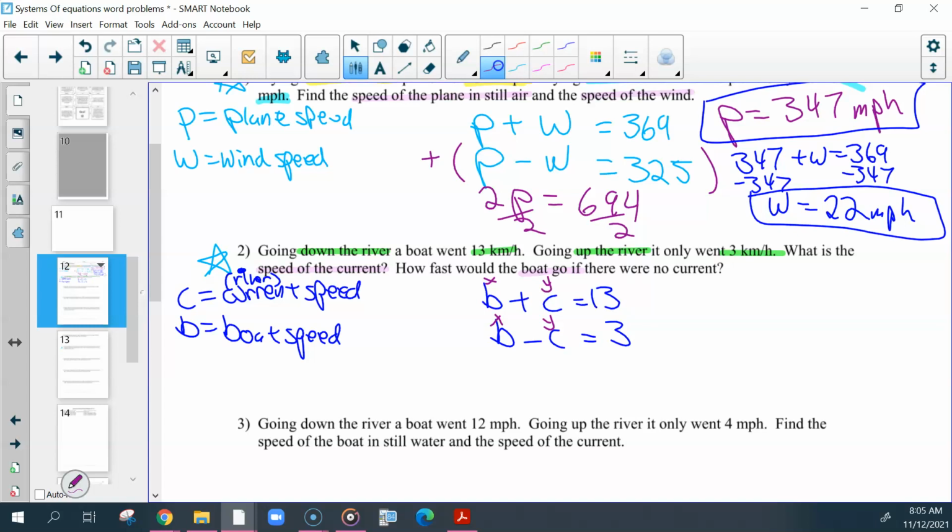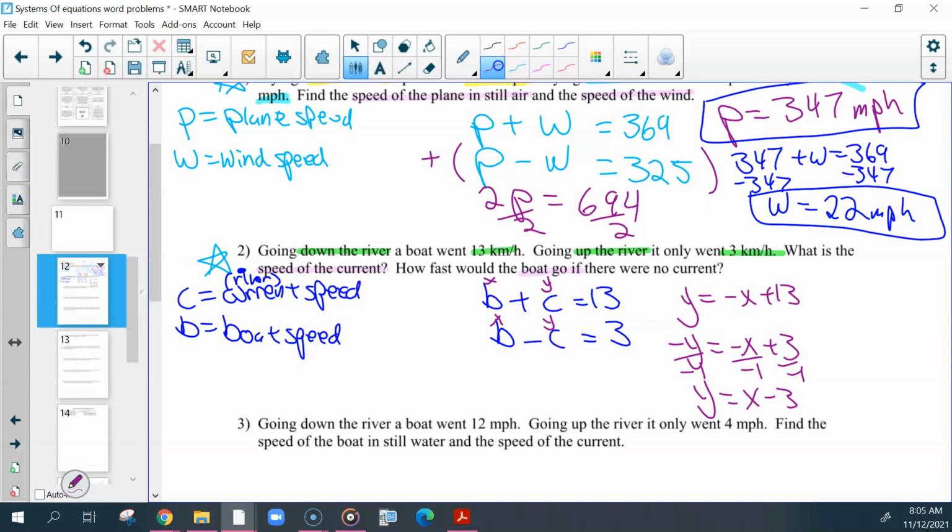Take a second, do that. You have y equals negative x plus 13 and y equals x minus 3.